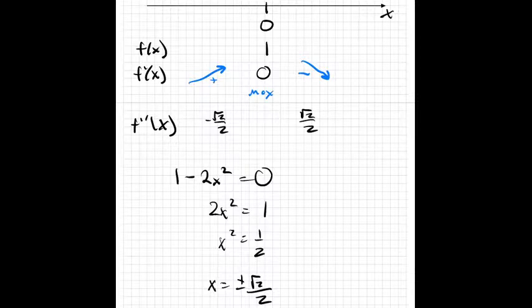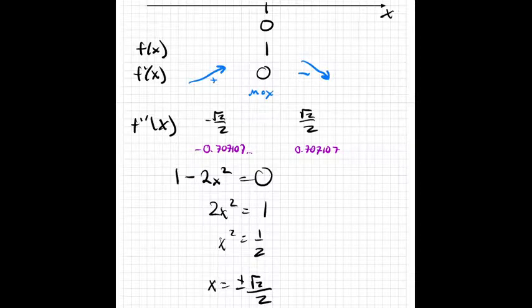Hey Siri, what's the square root of 0.5? The square root of 0.5 is 0.707107. So this is like 0.707107. This is negative 0.707107. Okay, positive.